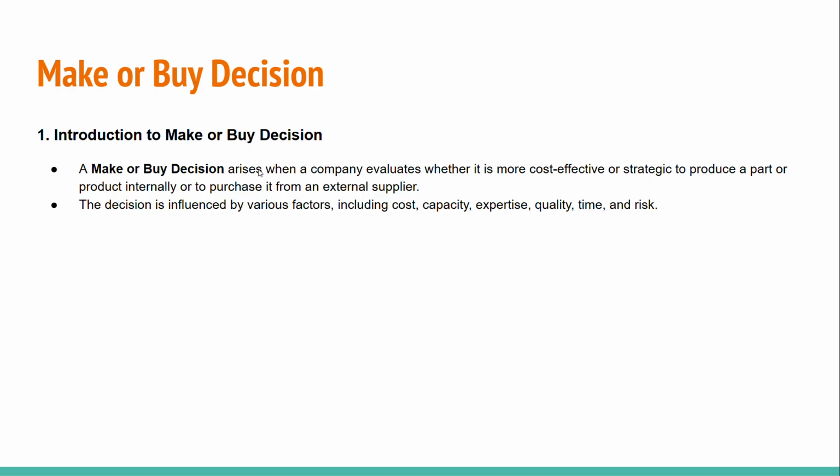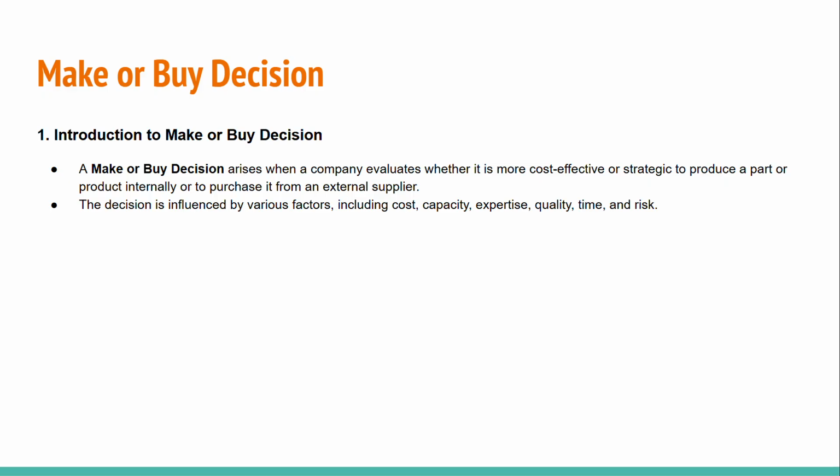Make or buy decision arises when the company evaluates whether it is more cost effective or strategic to produce a part internally or purchase it from external suppliers. This decision determines whether to manufacture a part in house or purchase it from a supplier.